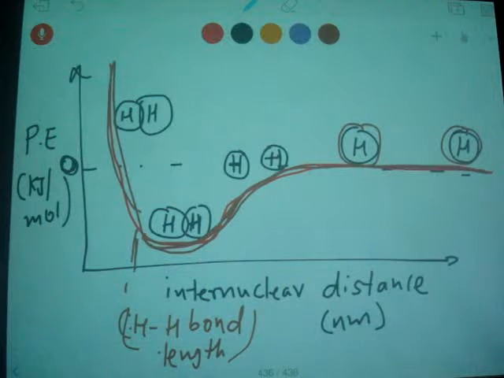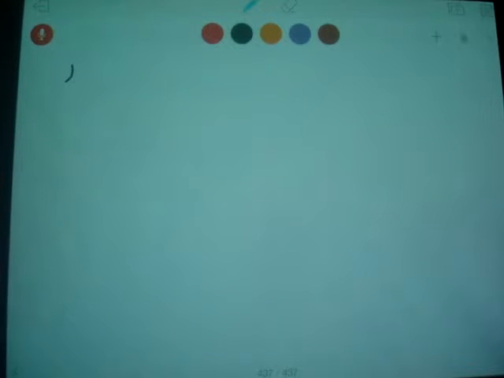Now let's talk about two kinds of chemical bonds, ionic bonds and covalent bonds. We'll talk about two types of general bonding. Let's go to the next slide.